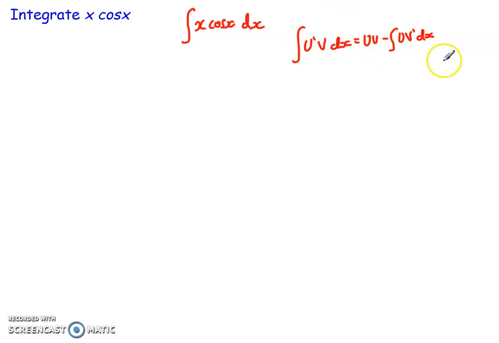A key rule to remember here is that we want to choose the function v such that when we take the derivative of v, we end up being able to write the uv dashed in a format that allows us to integrate that function more easily.